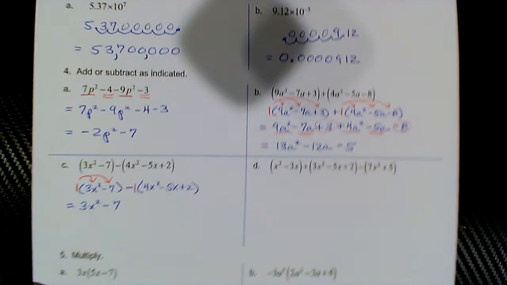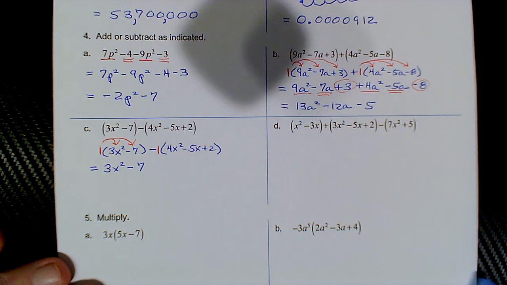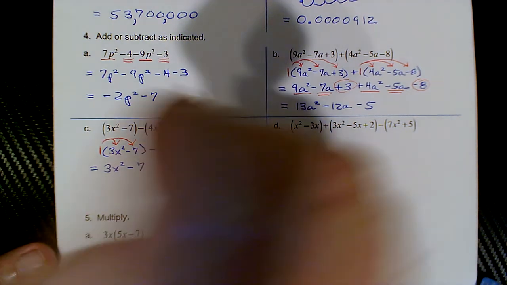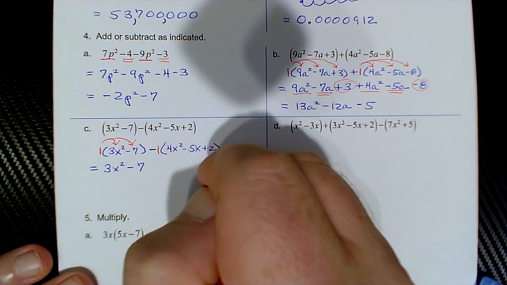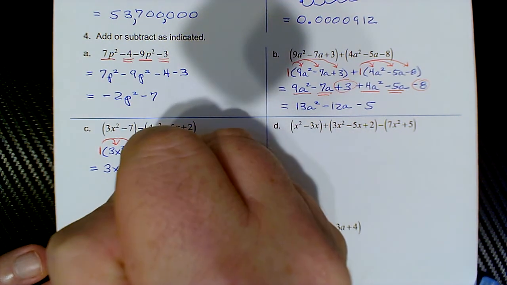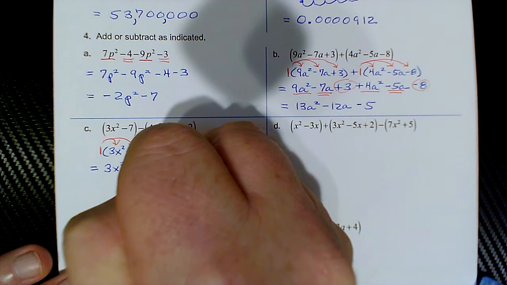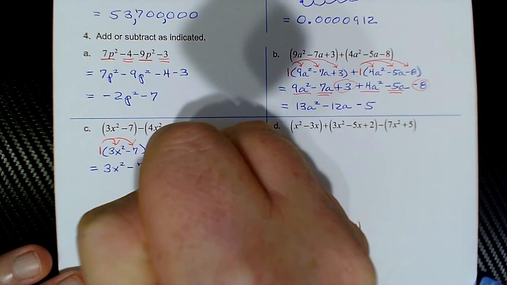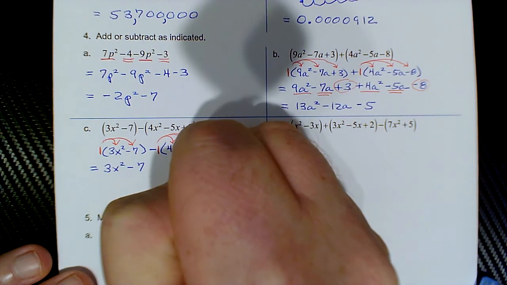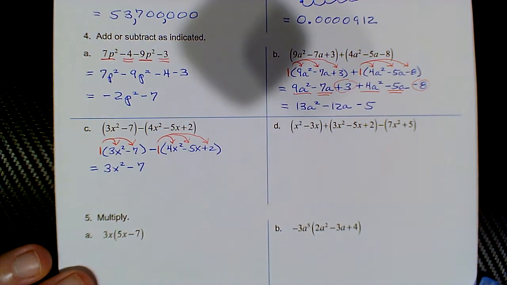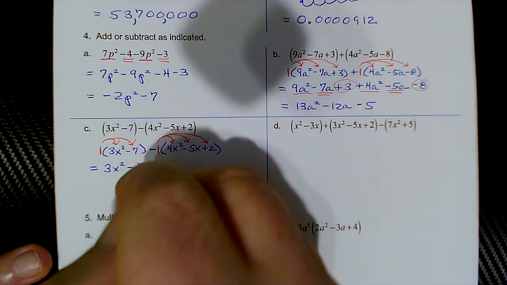But it does make a difference on the terms that are being subtracted, because it's a negative 1 that we're distributing to each of these terms, and a negative 1 times a positive 4x squared is a negative 4x squared.